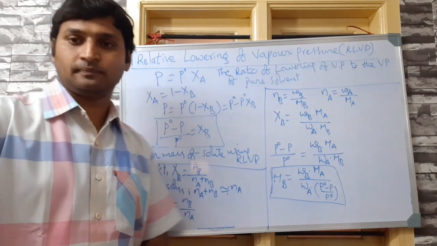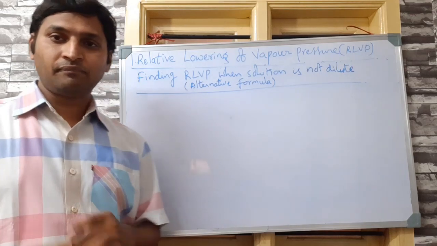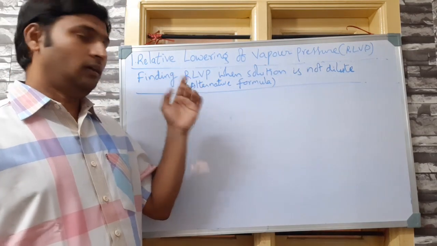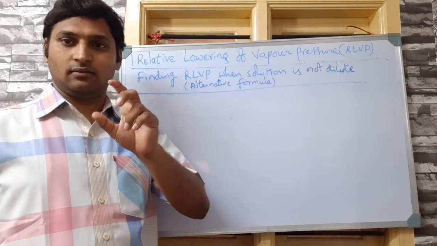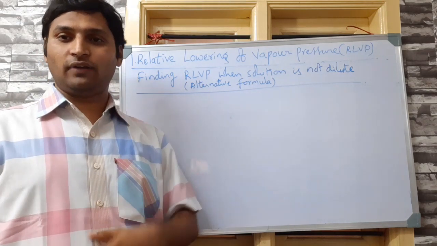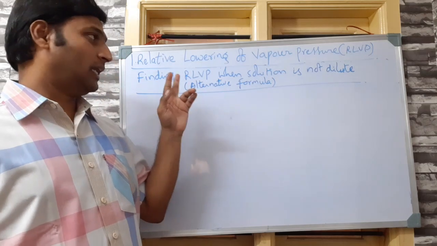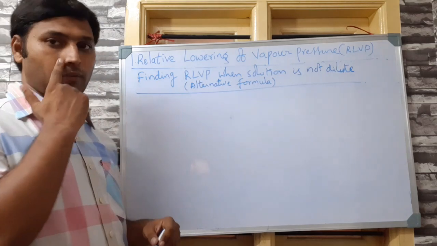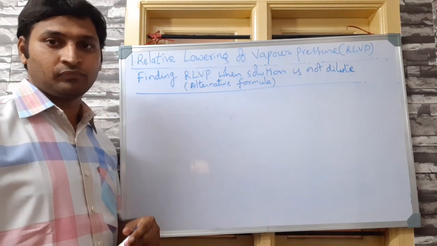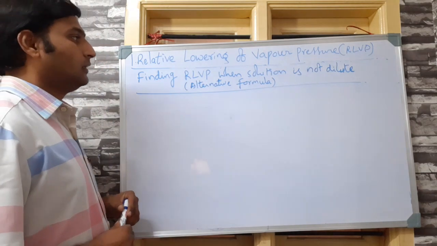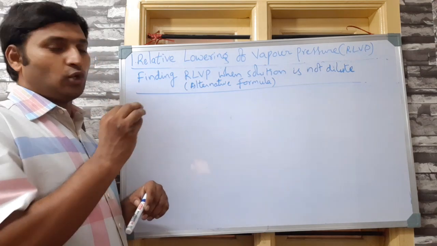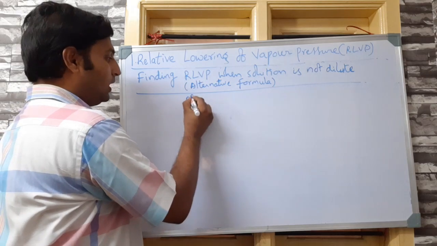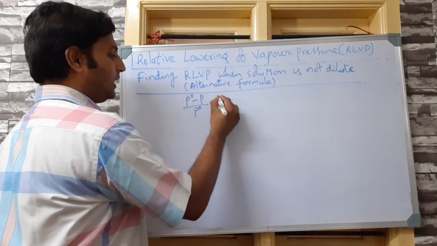We'll proceed now. See, let us learn an alternative formula for RLVP and the relation of RLVP with mole fraction. Here, I am not exactly meaning finding RLVP; finding molar mass from RLVP is more important to be understood here. Okay, now, say the solution is not dilute. First let me write the basic formula we already know: P naught minus P by P naught is equal to XB.